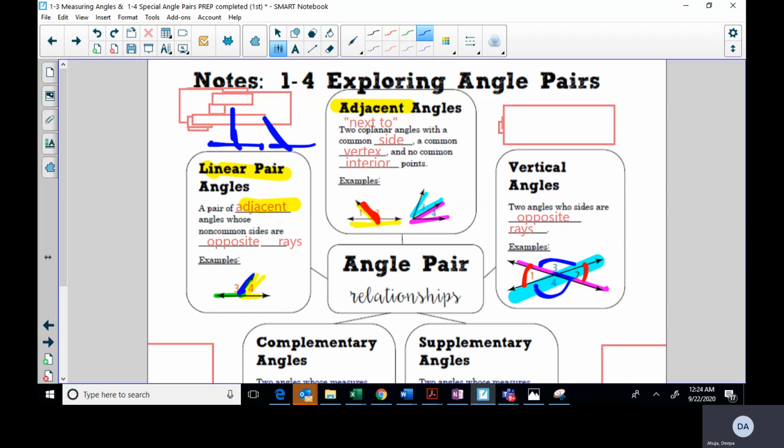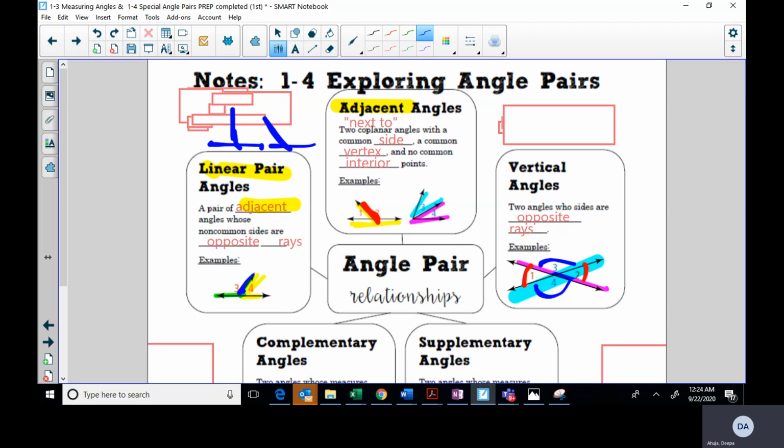And vertical angles are formed when two lines intersect with each other. You will get four angles being formed. The top and the bottom are your vertical angles. The left and the right are your vertical angles.